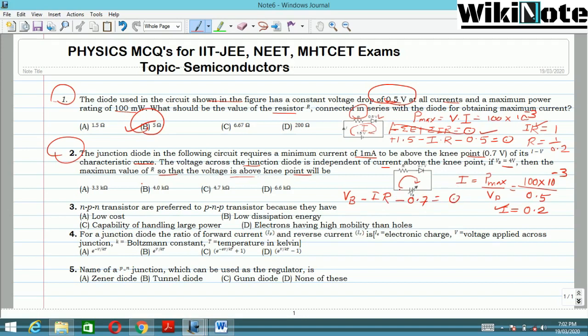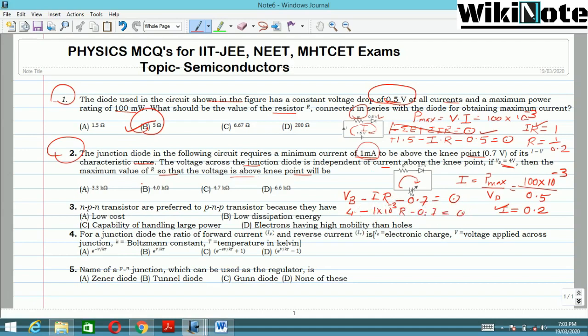So this is the current loop, and VB, which is given, is 4 volt, 4 minus the current flowing, I, which is 1 milliampere, which is 1 into 10 raised to minus 3 into resistance R, minus 0.7 equals 0.